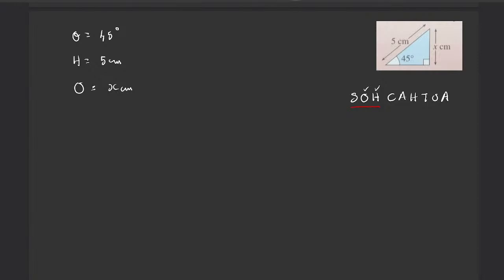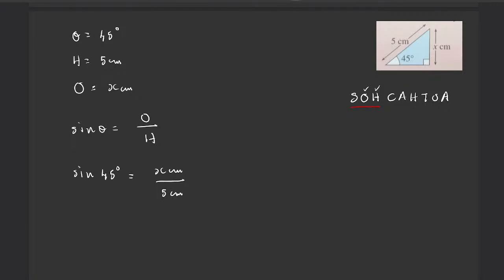So sine theta is equal to the length of the opposite divided by the length of our hypotenuse. Sine 45 degrees is equal to the length of the opposite, which is x cm, divided by the length of our hypotenuse, which is 5 cm, right?